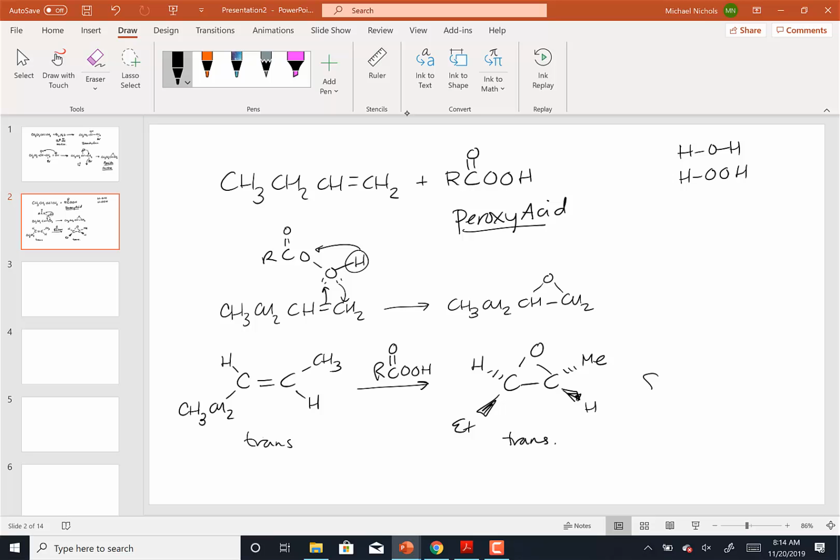So this reaction is what I'm going to call stereospecific. Okay. So trans will form a trans epoxide, cis alkene will form a cis epoxide, because it's a one-step mechanism. So the preferred method to make epoxides is to react peroxy acids with double bonds. So that's how we make the epoxides.